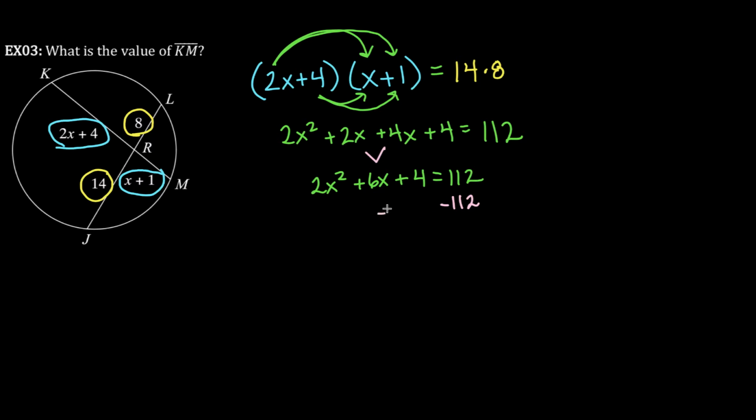So minus 112. And I get 2x squared plus 6x minus 108 equals 0. This does not look like it's going to be very fun, but I guess we gotta do what we gotta do.